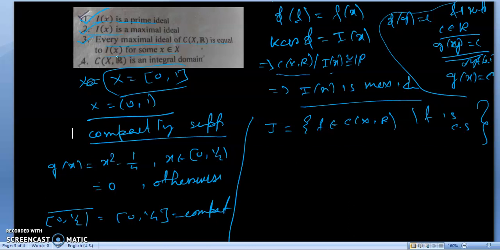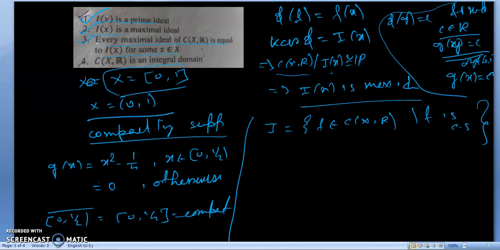If every maximal ideal looks like this, that means any maximal ideal, maximal meaning the biggest ideal, is I_x. So if you take any ideal, it will always be contained in some I_x.